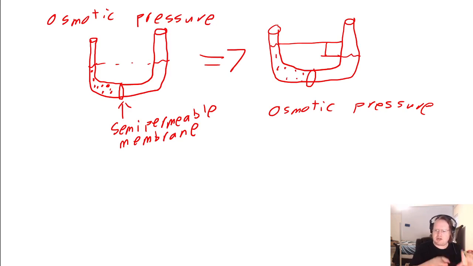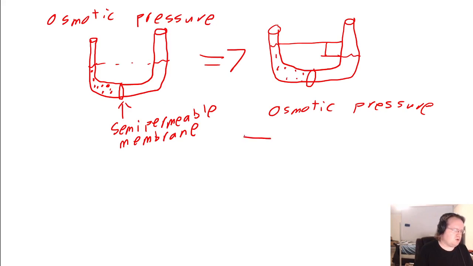Because with a larger concentration difference, there's a larger urge to get some water in there, because it's way more concentrated on that side. Whereas if you take the real extreme case, you put a single solute molecule in there, you're not even going to see the difference. Technically there's a concentration difference, but it's so small that the osmotic pressure is so low that it's incalculable, so we don't see a height difference.